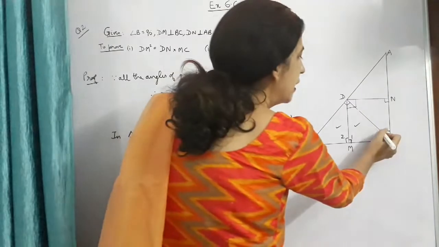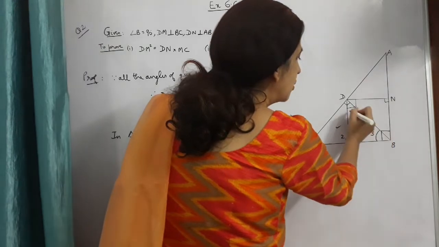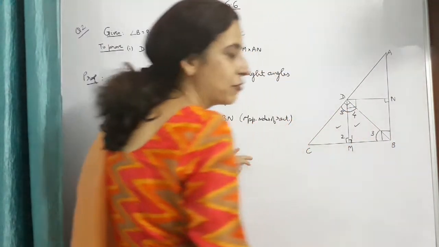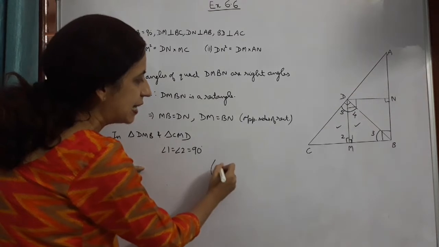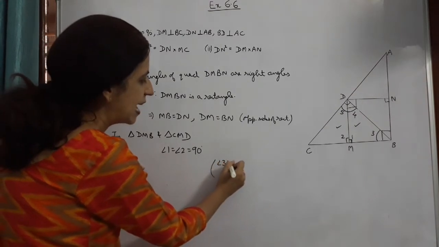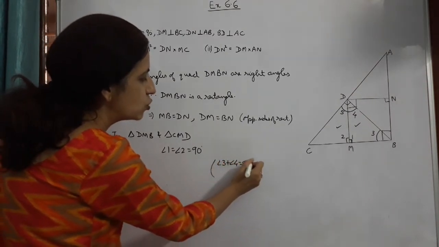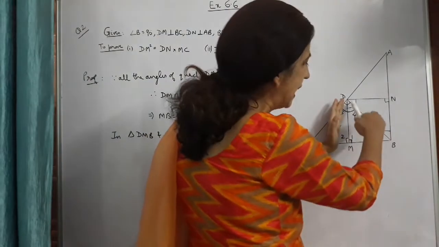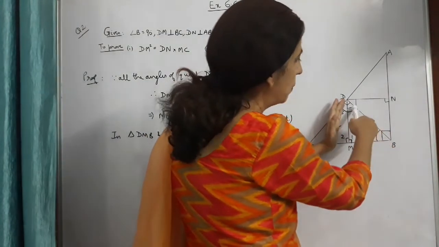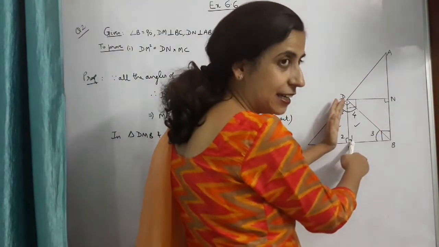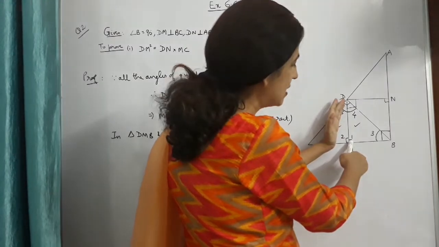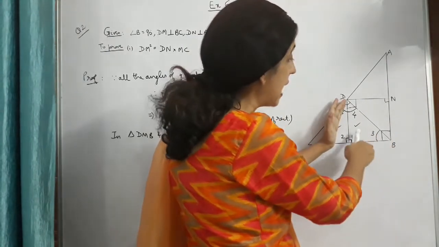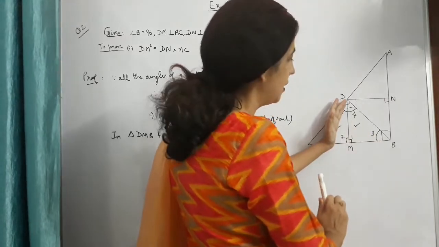Now over here, let us name this as angle 3 and this as angle 4 and this as angle 5. Now we see that angle 3 plus angle 4 is equal to 90 degrees. Why? Because if we take this triangle DMB, angle 3 plus angle 4 plus 90 degrees is equal to 180 degrees. So angle 3 plus angle 4 would be 180 minus 90, which is 90 degrees.